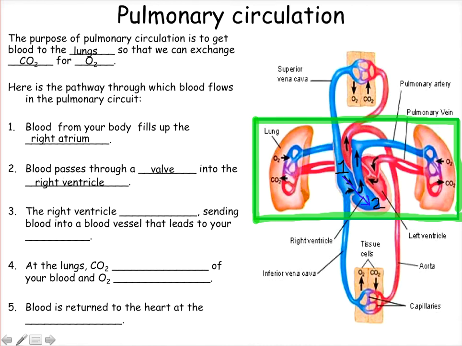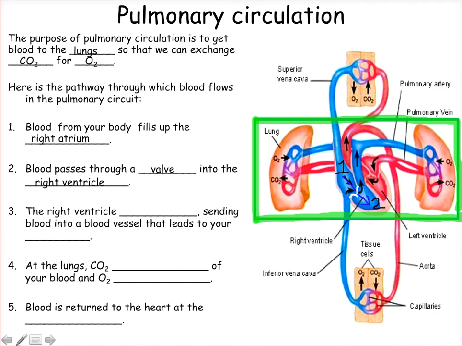By passing through the valve, and that valve, I identified them yesterday. It's harder to see on this one, but you can kind of see 2 little white flaps there. So we pass through the valve from the right atrium and we get into the right ventricle.